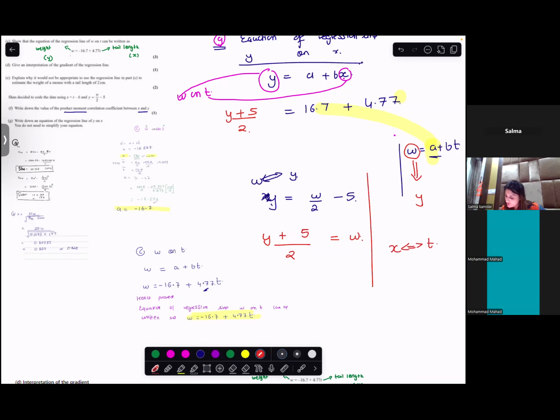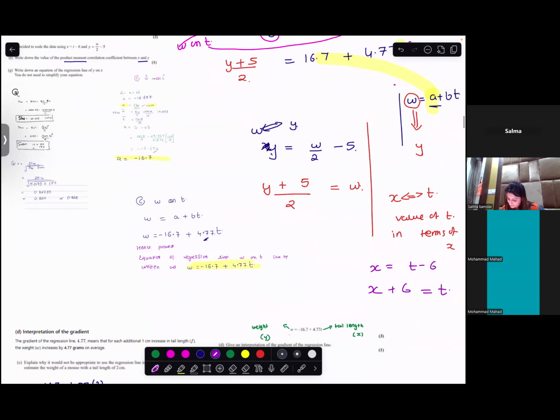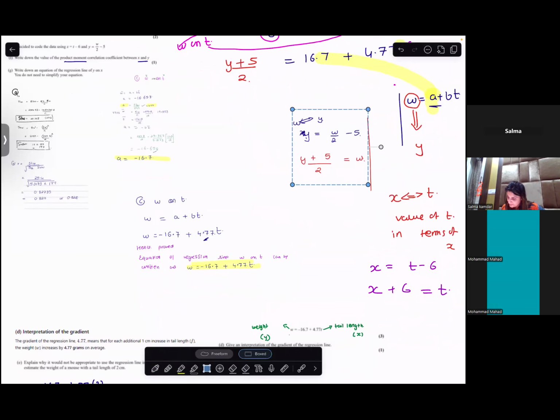So I need to find the value of T in terms of X. So x plus 6 is equal to T. So in place of X, I'm going to write the value of T because I'm using the equation of W on T. So this is going to become X plus 6. Are you with me?